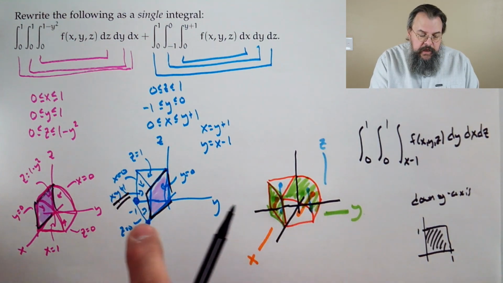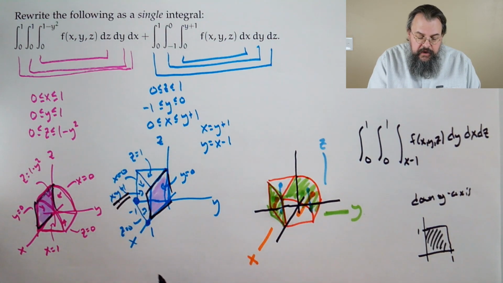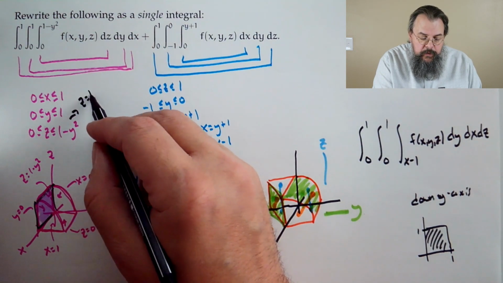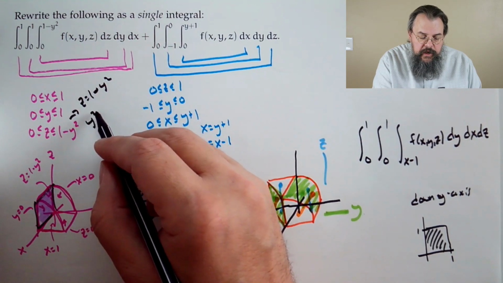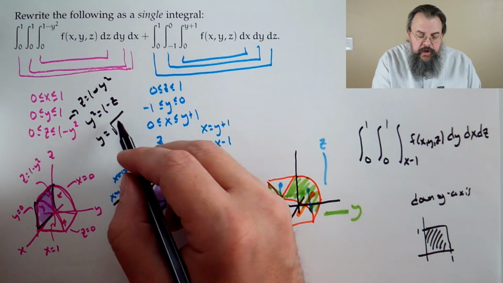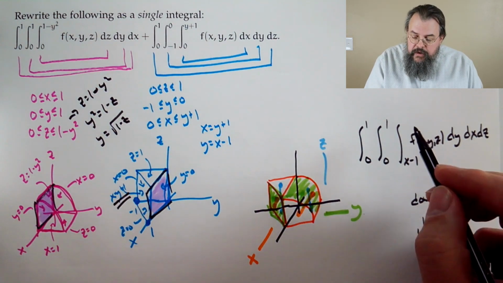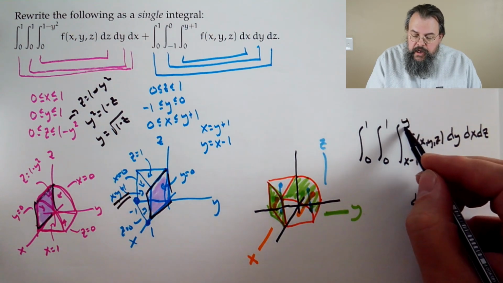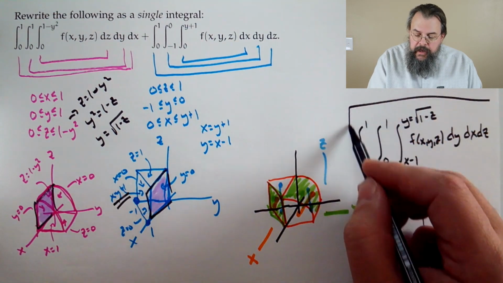So that comes from this z equals 1 minus y squared. All right, so we just do some notes here. If z equals 1 minus y squared, that says y squared is 1 minus z. So y is the square root of 1 minus z. We can see here we're in the positive part. So we're going to have from y equals x minus 1 to y equals the square root of 1 minus z.